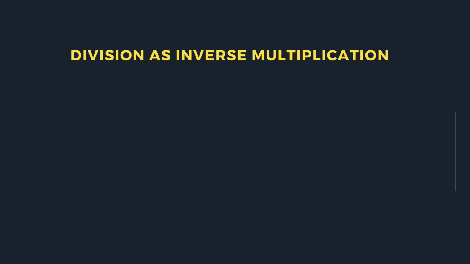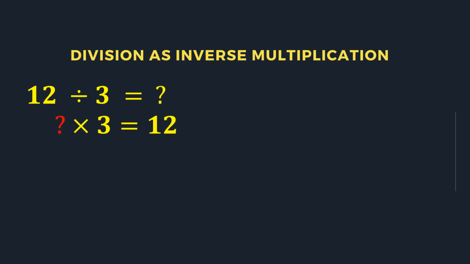Now let us look at this example. 12 divided by 3 is equal to what? Since in this question we divide by 3, we are going to use the multiplication table of 3. What times 3 is equal to 12?